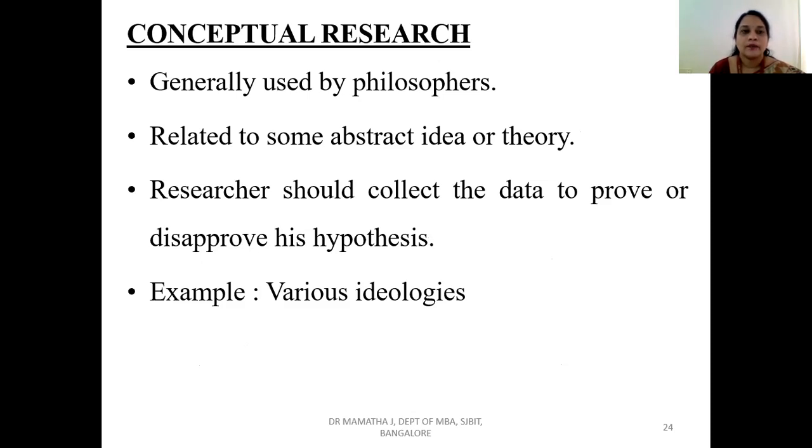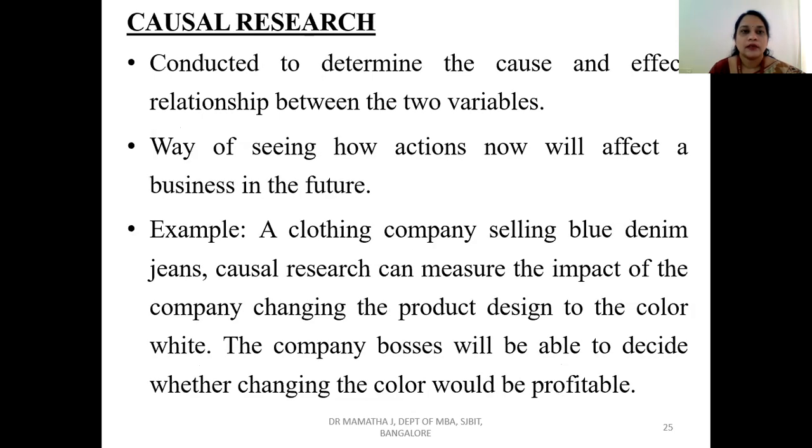Next, causal research. This is causal research, which is also called experimental research. If you want to find out the interrelationship between the variables, you have already identified the variables. So, where do you identify the variables? Through exploratory research. Now, you want to find out what is the relationship between these two variables.